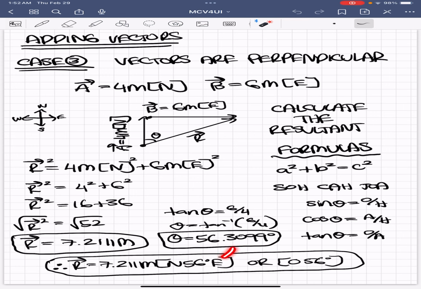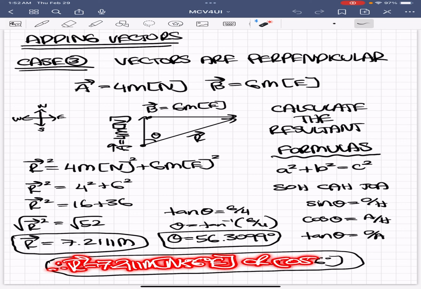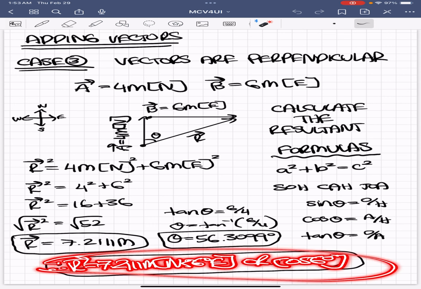And then when we put it into our final answer, we're just going to round to the nearest degree. So for our final answer, the resultant equals 7.2111 meters, north 56 degrees east. So that would be our answer.